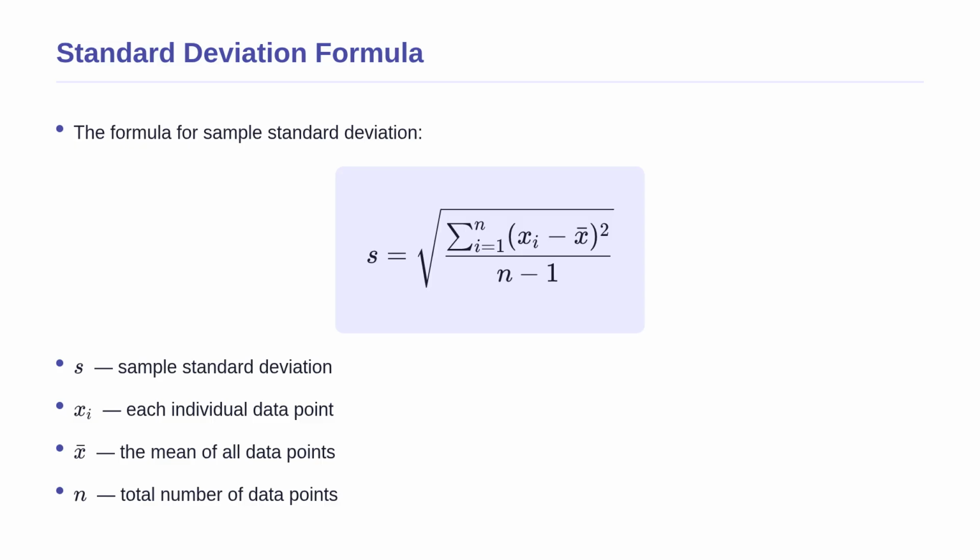The variable x sub i represents each individual data point, while x bar is the mean of those points. The Greek letter sigma tells us to add up all the squared differences. Finally, n is the total number of data points. If the spread of the data increases, the differences get larger, which causes the standard deviation to increase.